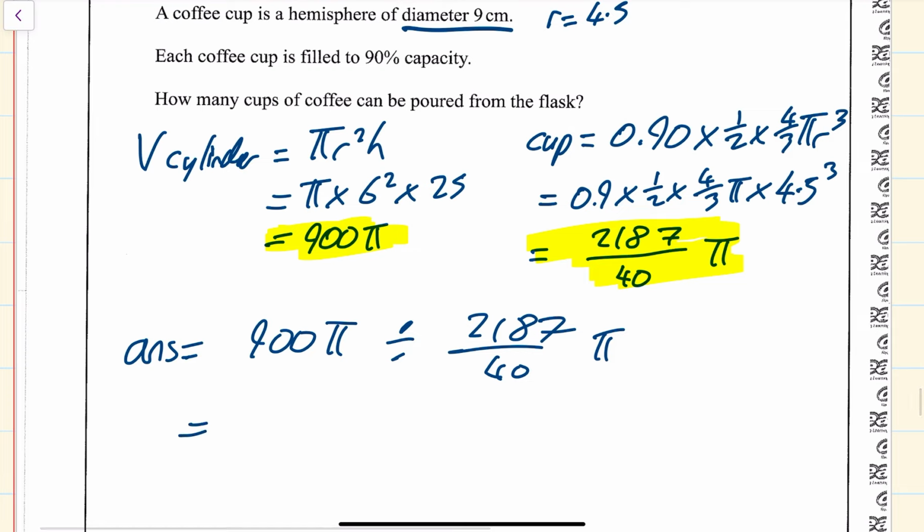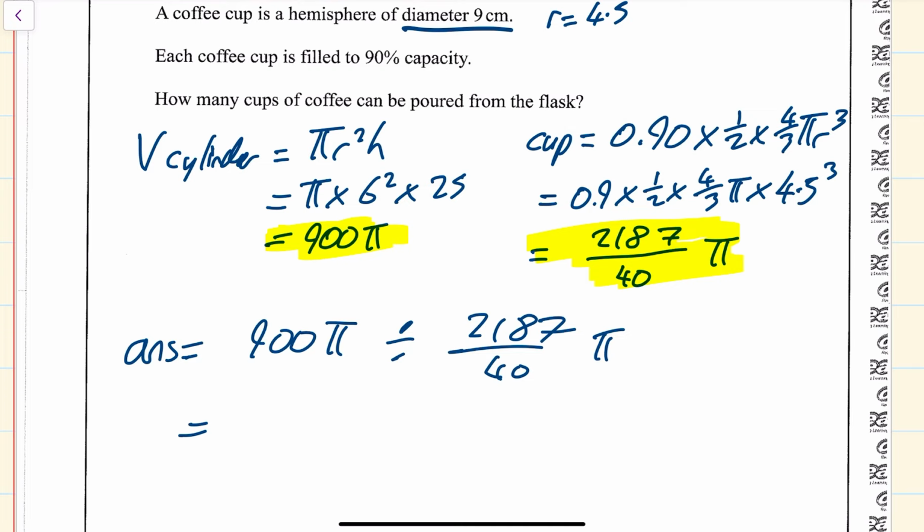So really I'm just doing your 900 pi, divided by the thing that you just worked out.